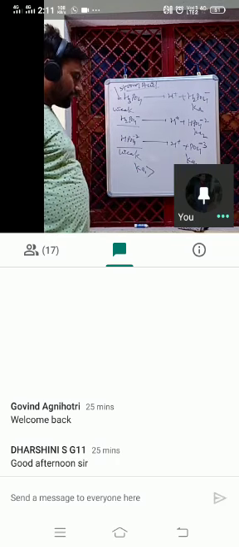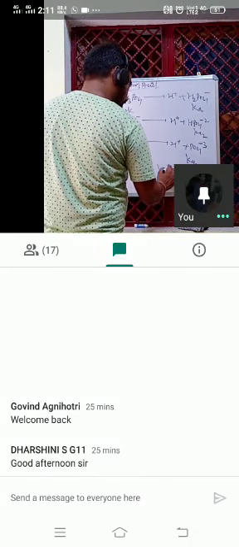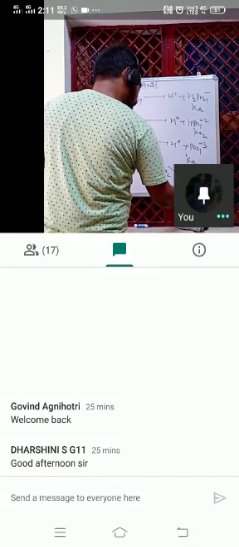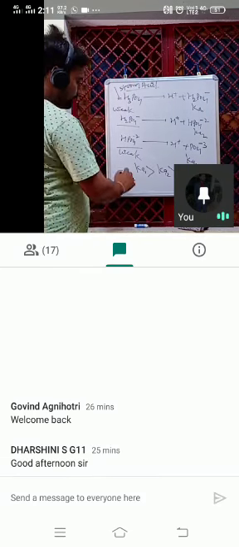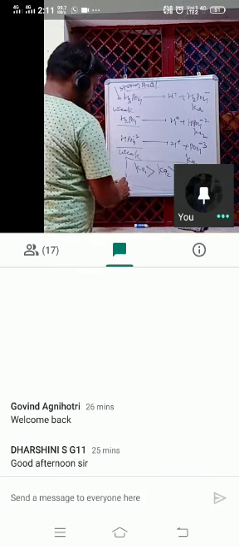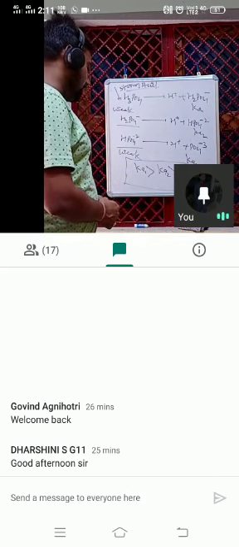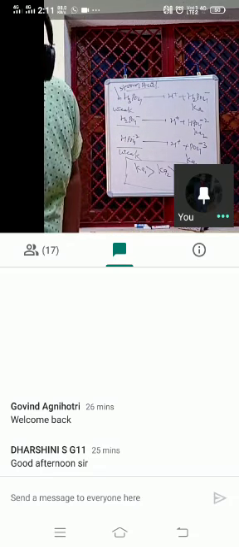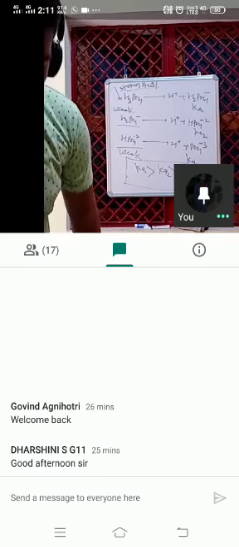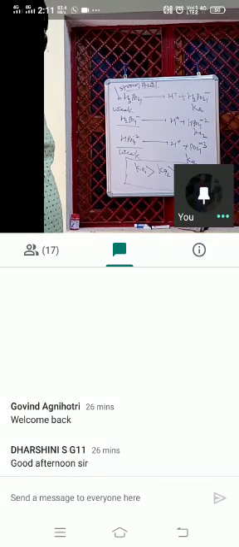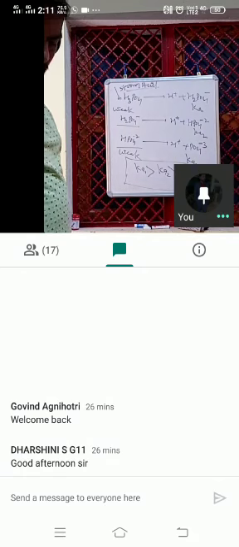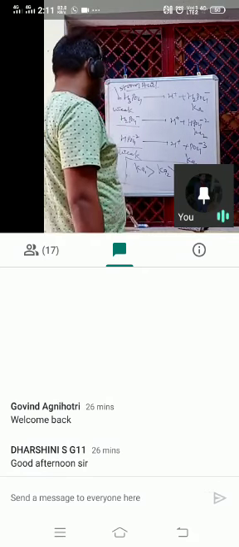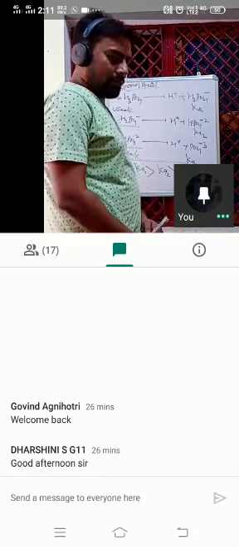It is much more in Ka1, then Ka2 and Ka3. This is the order. Note it down. Order of ionization constant. So we can write directly. How can we write it directly? It's done, guys.